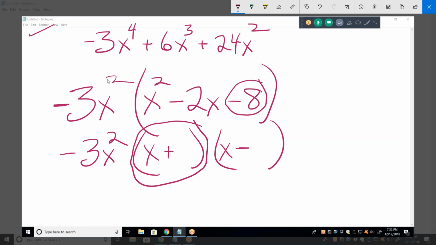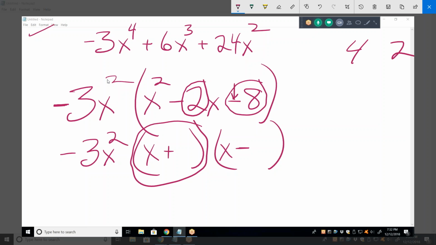Factors of 8 that subtract to the number 2. Why subtract? Because that's a negative sign. And we're just looking to get that number. We're not looking to get the negative 2 or anything. We're just looking for factors of 8 that subtract to 2. Well, what factors would those be? 4 and 2.